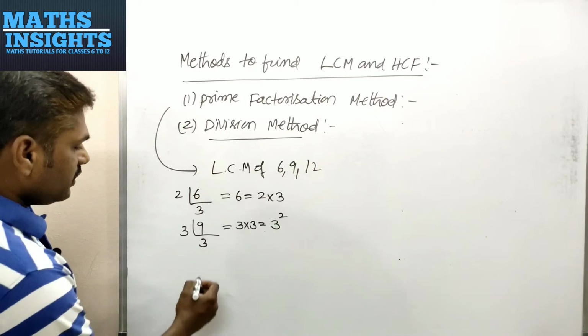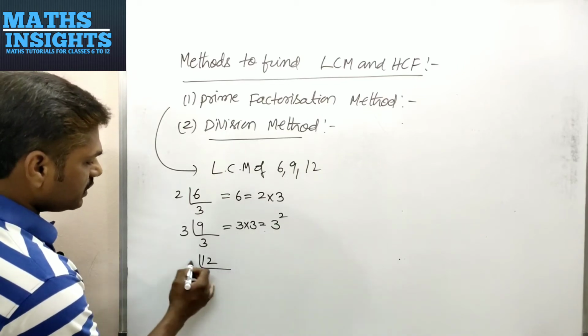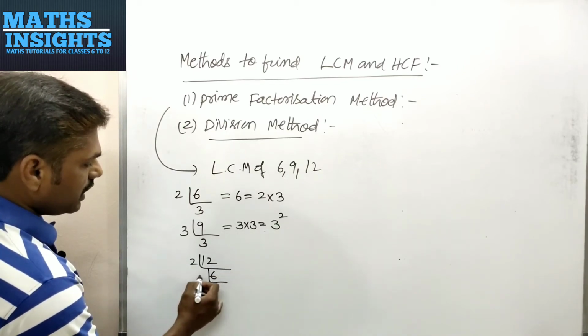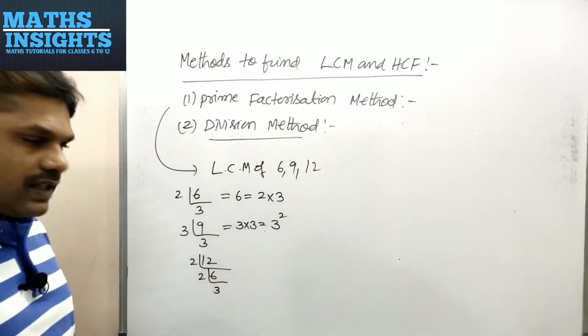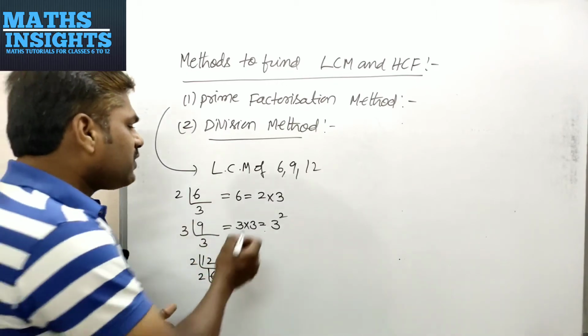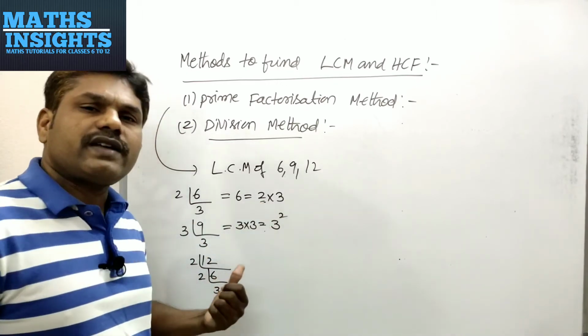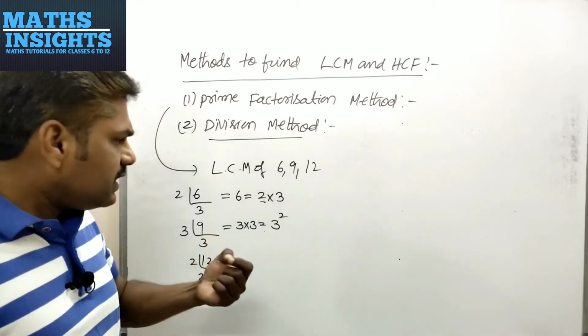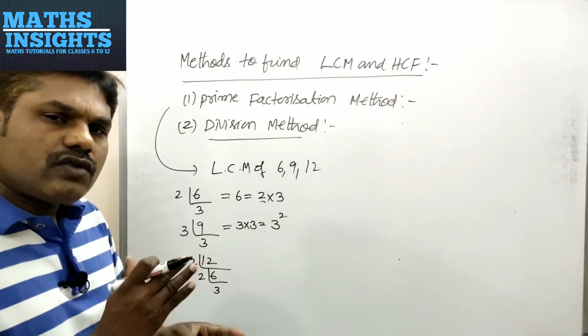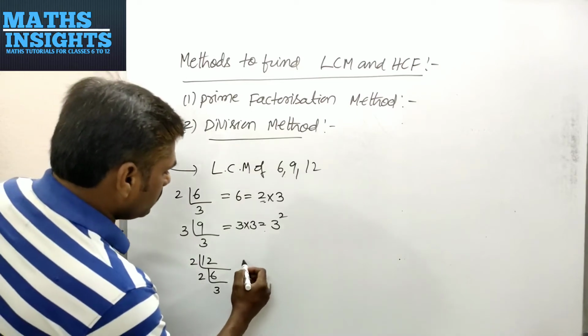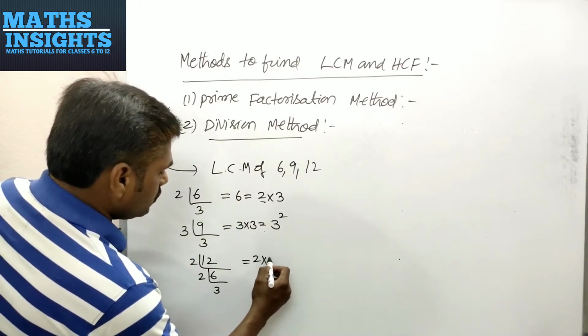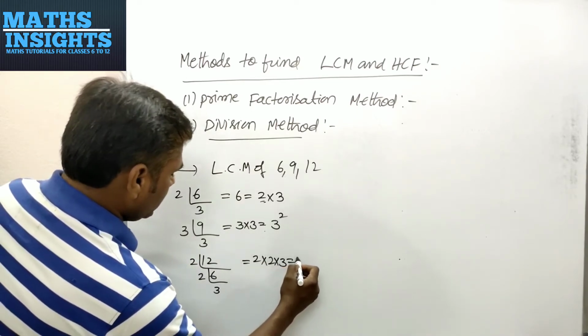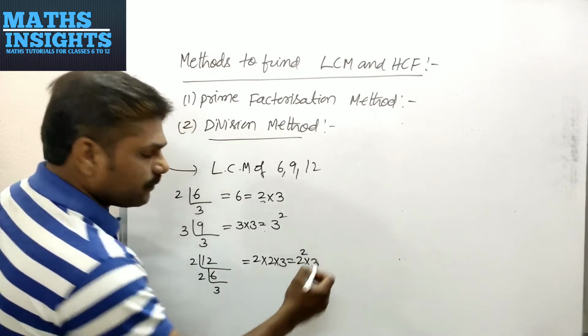If you take 12, see 2 6s are 12 and 2 3s are 6, 2 is called a prime number, meaning you cannot factorize it further. So 2 into 2 into 3, this can be written as 2 square into 3.